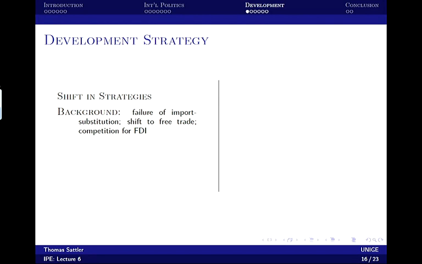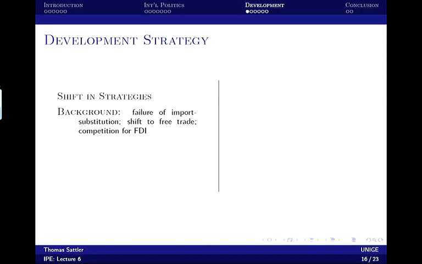So in the 1970s, countries, especially South American countries, were trying to substitute imports. So they were trying to trade less and to develop in that way. And we saw a shift towards free trade in the 1990s, partially enforced by the international institutions like the IMF.